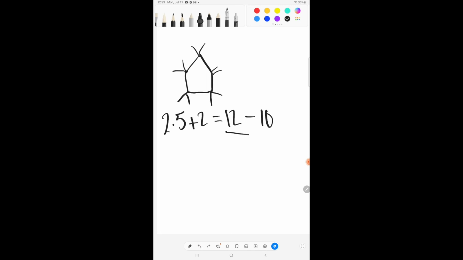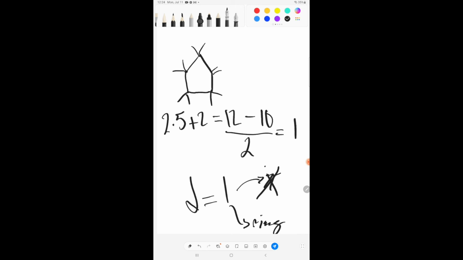So 12 minus 10 is 2, divided by 2 is 1. So degrees of unsaturation is 1. That's an indicator for a pi bond, which is not there. We don't have any pi bonds. It's still an alkane, but there is the presence of a ring. So yes, this is quite clever.